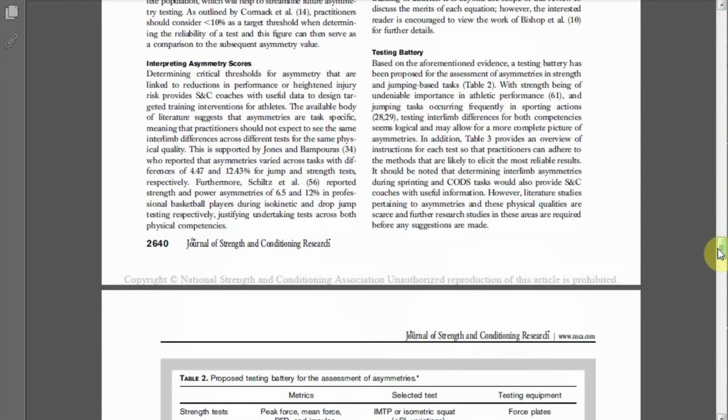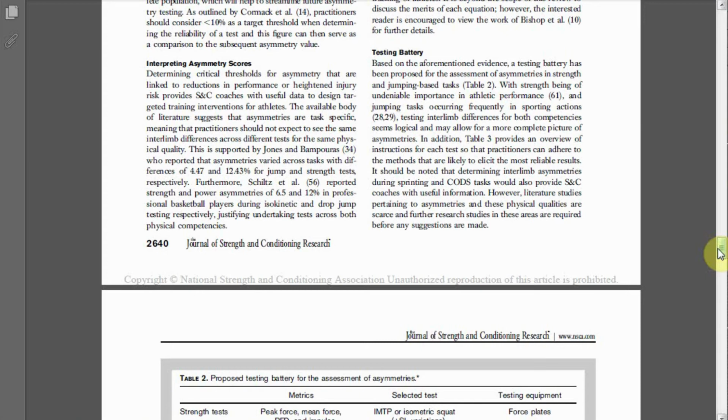There's a little bit of information on interpreting asymmetry scores. Some relatively older literature has highlighted that 15% is a threshold where athletes might be exposed to heightened injury risk. But I think what we do know as we start to look at this more now is that asymmetries are very test specific.